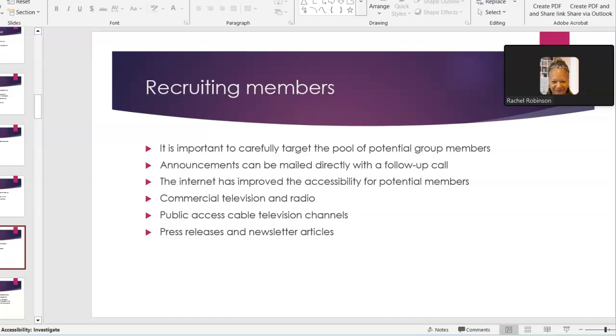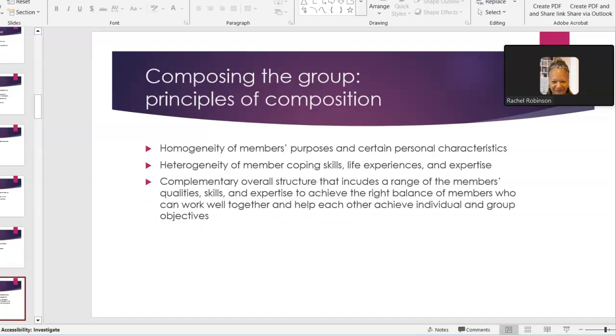It could be that she can go on the agency's website, commercial television and radio, that's kind of dated, but we can talk about that. Television, just different ways in which she can get the word out. But in doing the recruiting, making sure that she's careful to include the criteria that she's looking for members of the group.